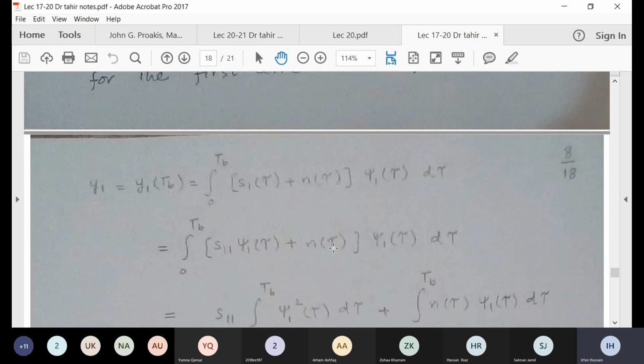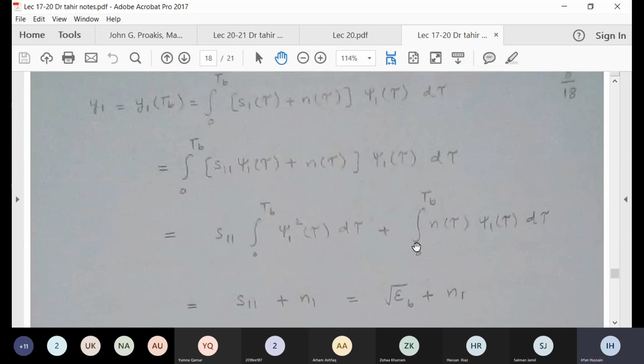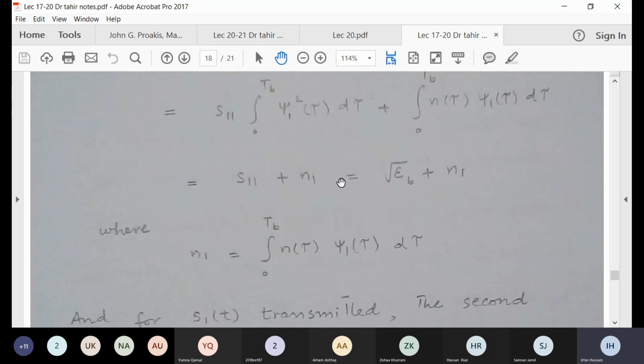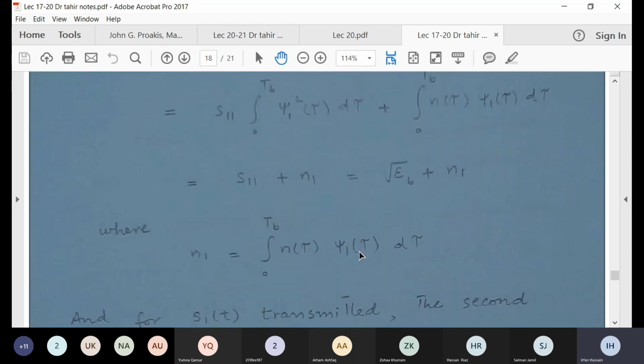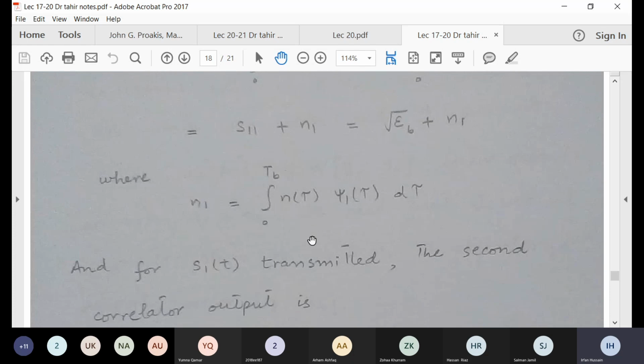If you multiply, you will get psi 1 square, and this will be n with psi 1 of t. Psi 1 square is 1, so this becomes S11 plus n1. You can check that n1 is the multiplication of n with the orthonormal function and then the integral. This will again be a Gaussian random variable with zero mean and variance of sigma square by 2, which you can verify yourself.